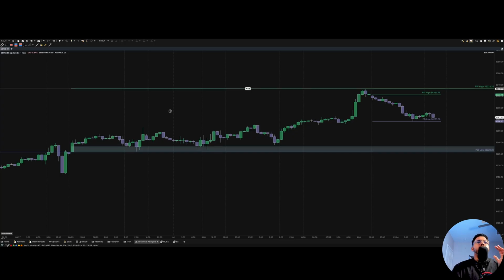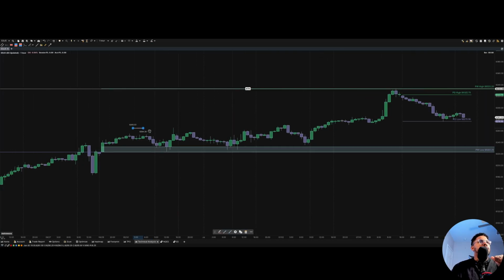Another level that I saw here will be this area right here, and even this. So we can draw it up a little bigger. Again, we had a big rejection there.